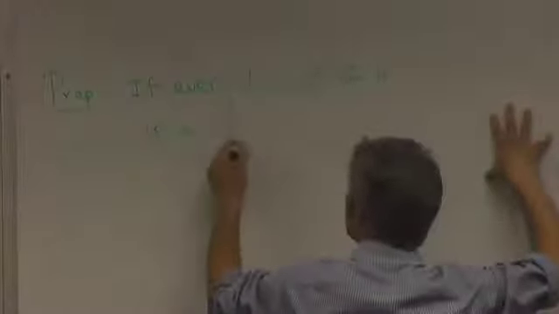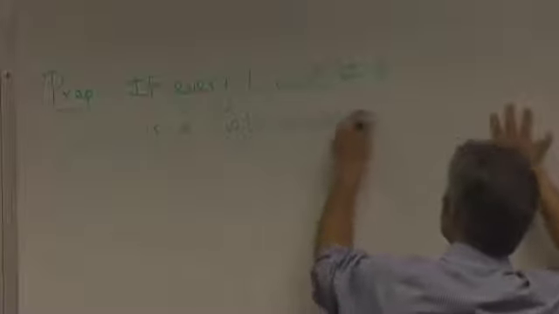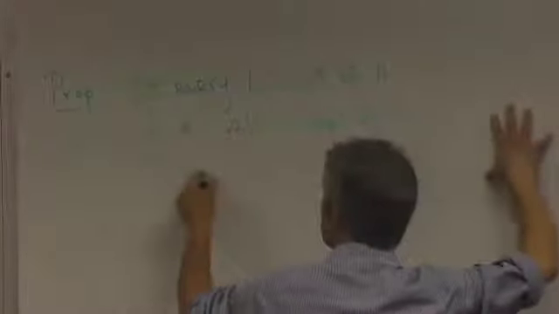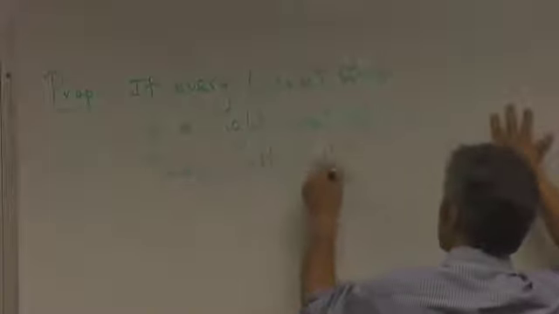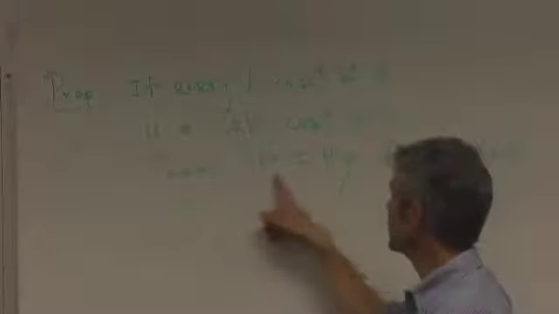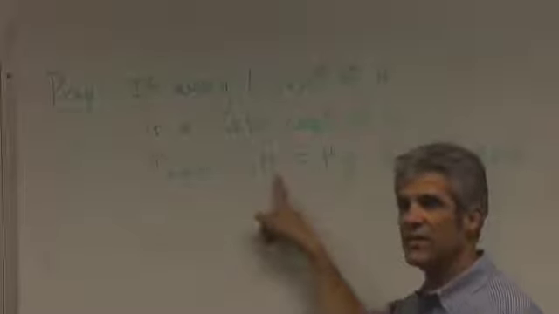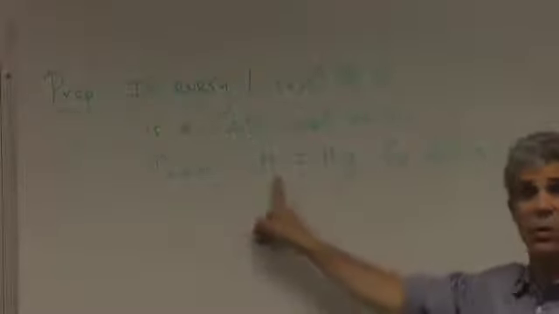And the answer is that they turn out to be the same. So here's an observation. I'm going to call it a proposition because we're going to need it in relatively strong form in about 10 minutes. The proposition is this: if every left coset of H is a right coset of H, then necessarily AH equals HA for all A. So if you give me the information that if you start with a left coset and it happens to be some right coset, I'll tell you which right coset it is.